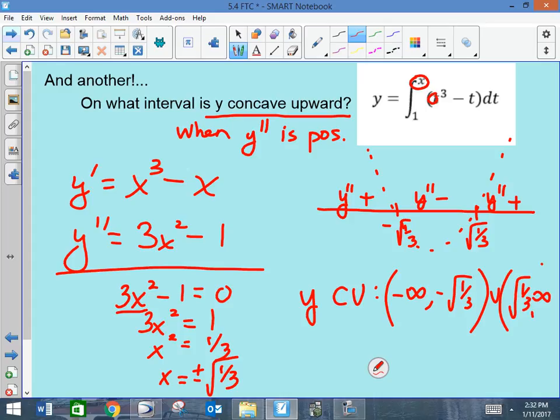Good. Okay. And no, you don't want to simplify those. It doesn't even matter what those numbers are. It's a waste of your time. Okay, all right, very good.